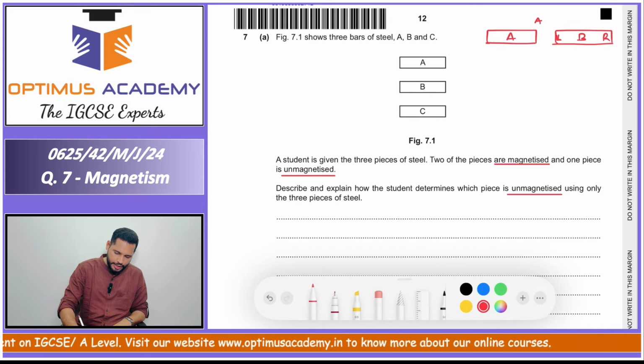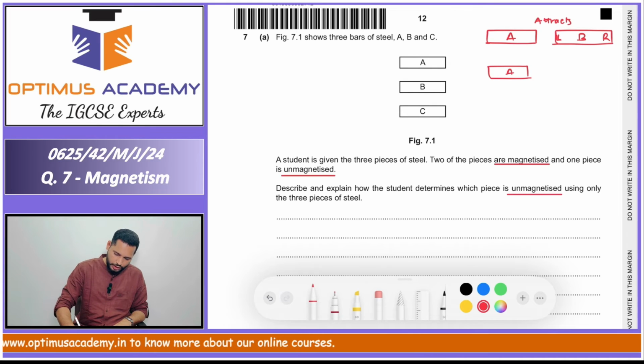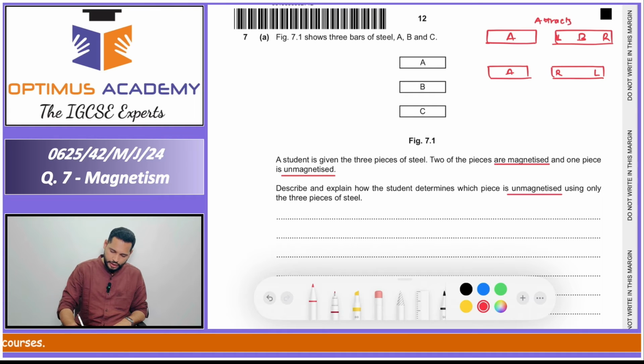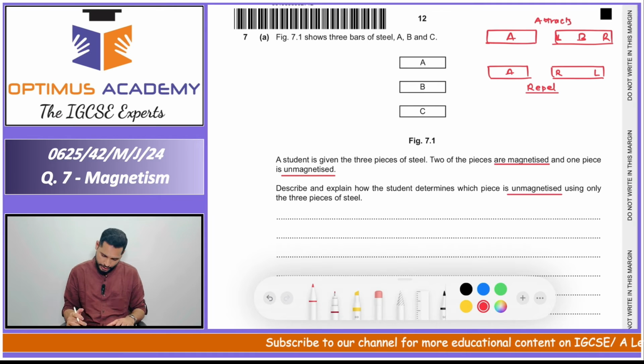Let's say here A attracts B. But assuming B is a magnet, if I switch the polarities and we keep the right side on the left and the left side on the right, here it is going to repel. Why? Because after we turn the poles, two same poles will be in front of each other and then they are going to repel. So repulsion is a sure test of magnetism.